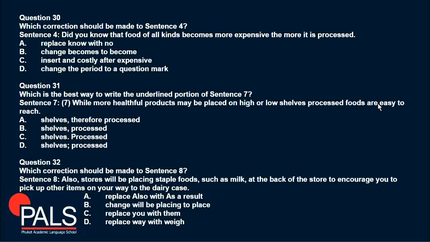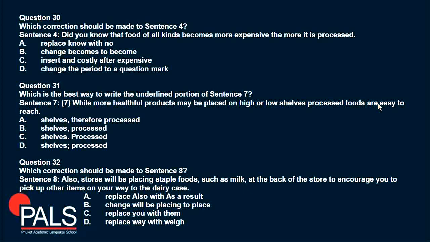What is the best way to write the underlined portion? I believe the underlined portion here starts on the word shelves and ends with the word processed. I wasn't able to underline those when I was typing in this PowerPoint presentation, so I do apologize for that.